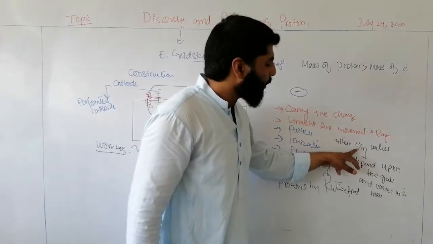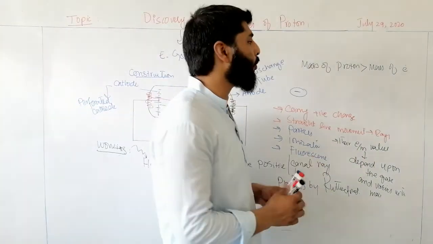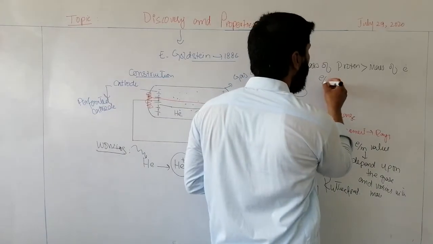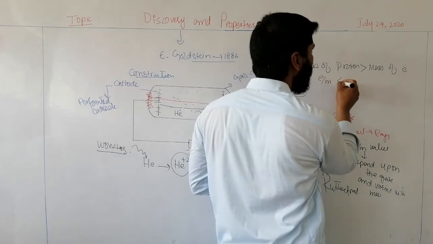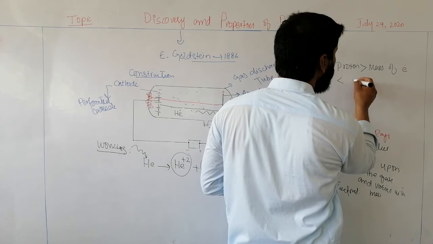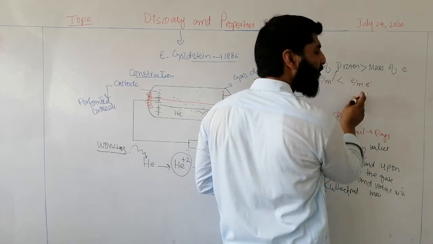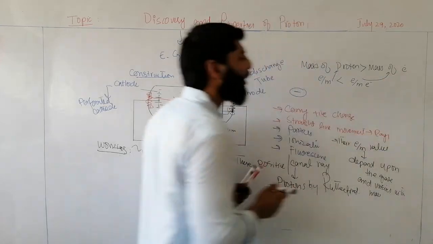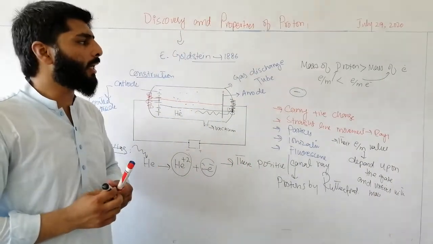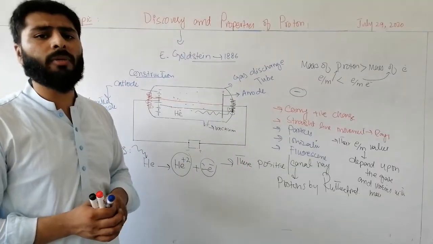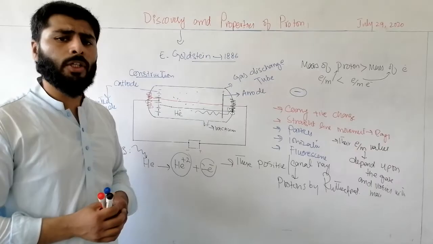So the charge to mass ratio of proton will be lesser than the charge to mass ratio of electron, because greater the mass, smaller will be the charge to mass ratio.